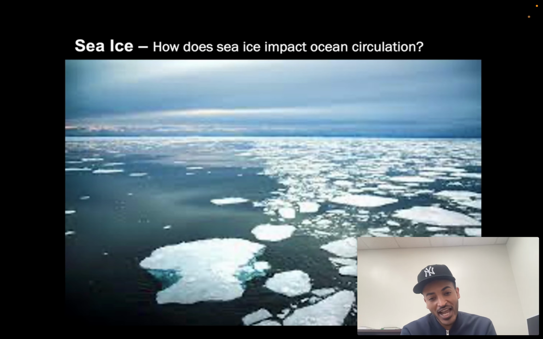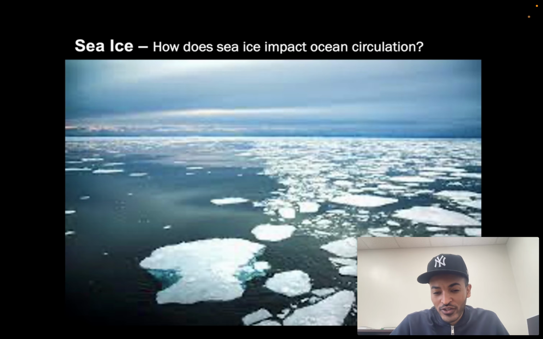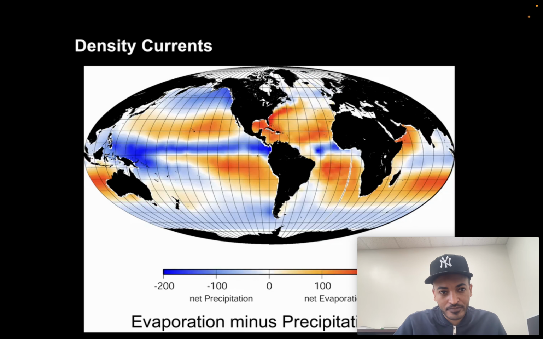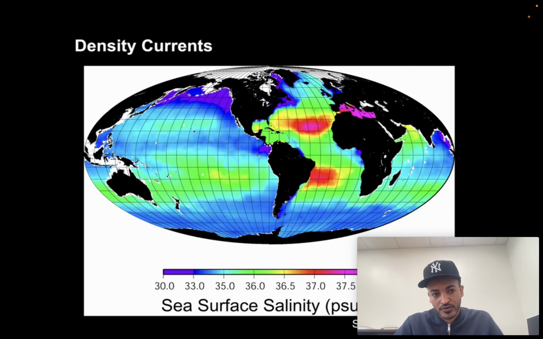Sea ice impacts the ocean circulation because the water mass below the ice is colder and also highly saline, right? It allows for the formation of deeper water formation, right?